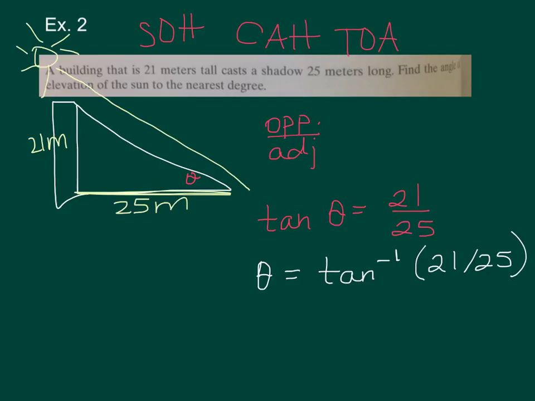And remember the inverse key, you have to do second tangent. And it'll give you this inverse key. If you put that in your calculator, you're going to get approximately 40 degrees.